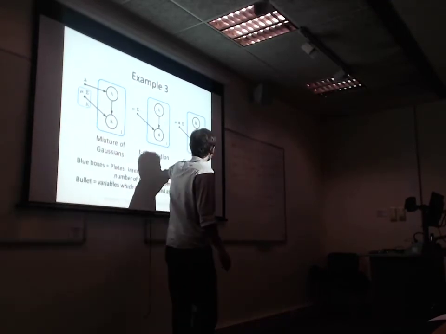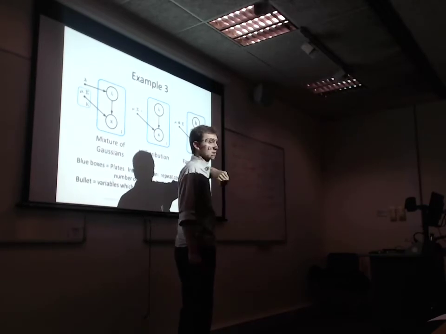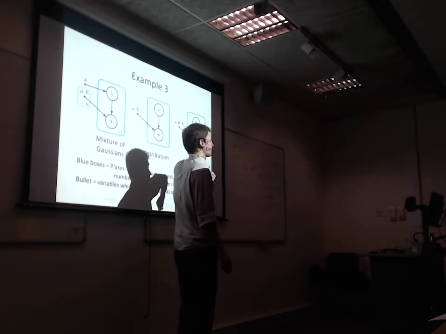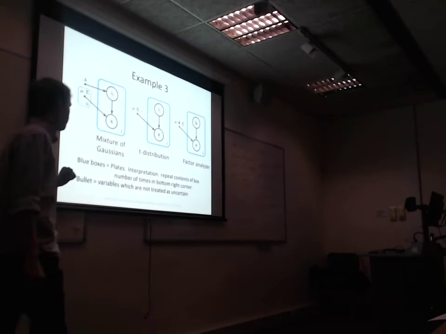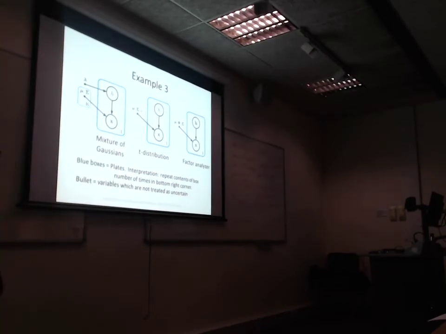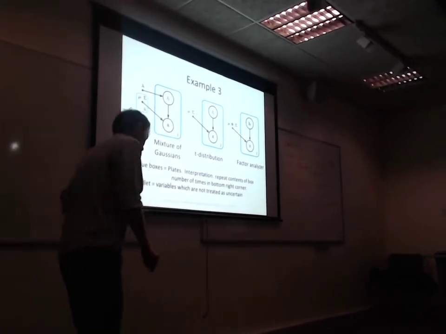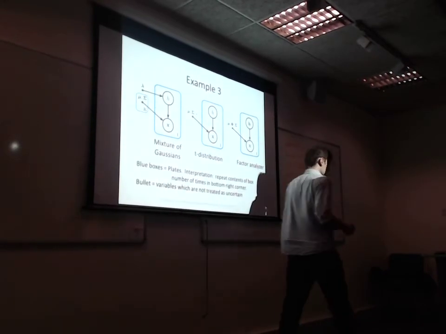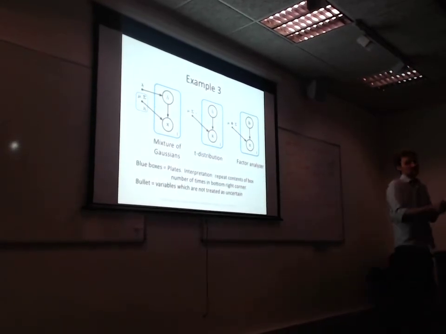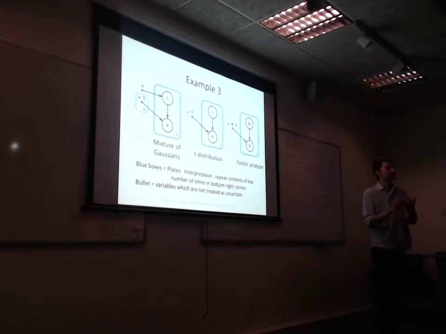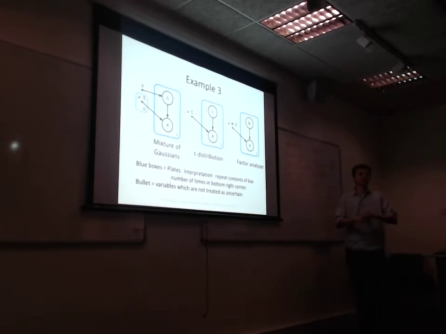And then finally, factor analyzer. We didn't talk about it much, but this is the graphical representation for it. So we're going to press on from here, but the idea is you now know when someone talks about graphical models, when we say I'd like you to plot for me a graphical model with these random variables, these parameters, and my problem is yay big, you should be able to do this kind of graphic.